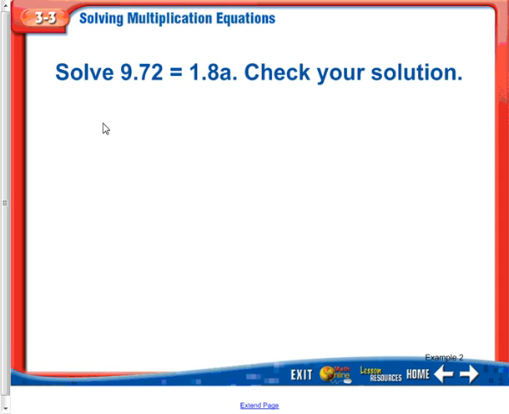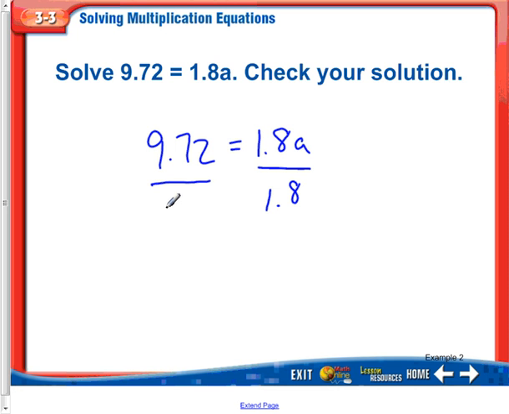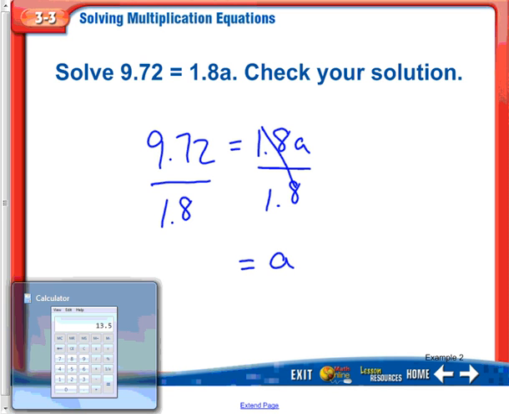For another decimal equation, we have 9.72 equals 1.8a. Again, divide by the coefficient on both sides. Whatever you do to one side, you always have to do to the other. Again, we're thinking about our teeter-totter. It has to be equal and balanced. So we're left with a equals, and again, in today's lesson, we're not focusing on dividing decimals.